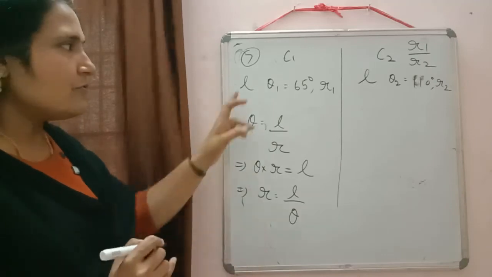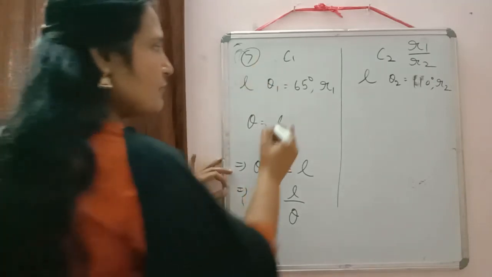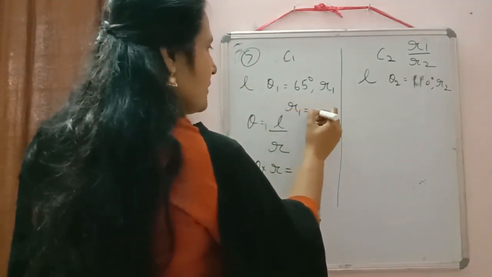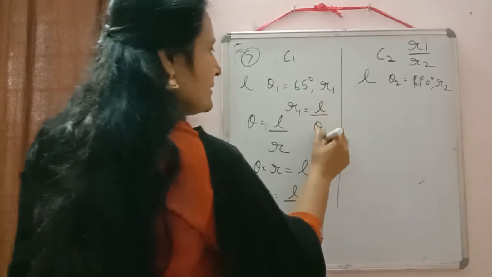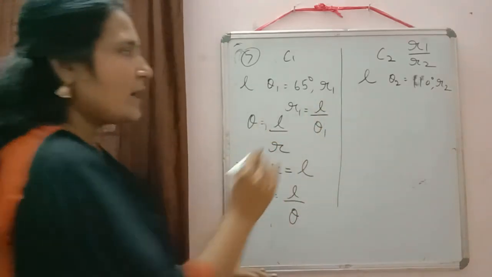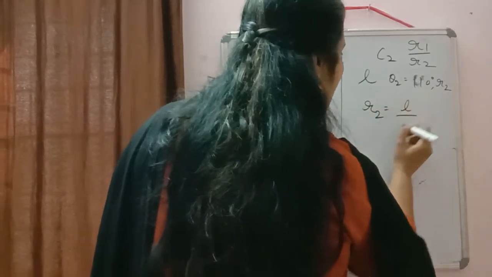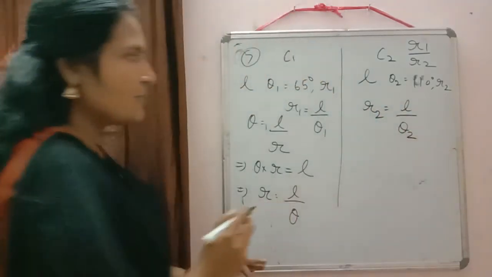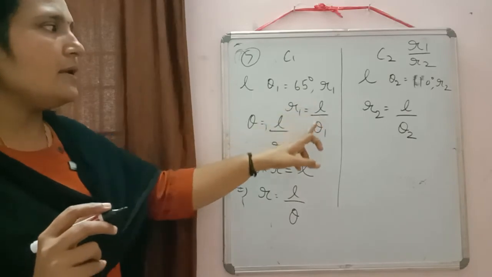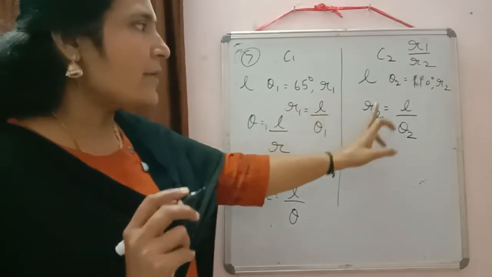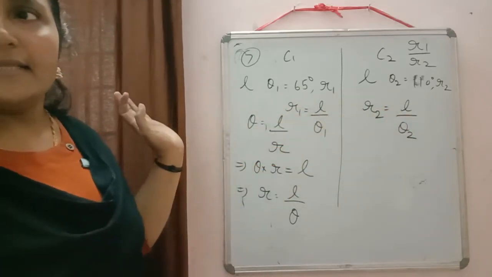Correct? So for the first circle, R1 will be equal to L by theta 1. And for the second circle, we will get R2 is equal to L by theta 2.